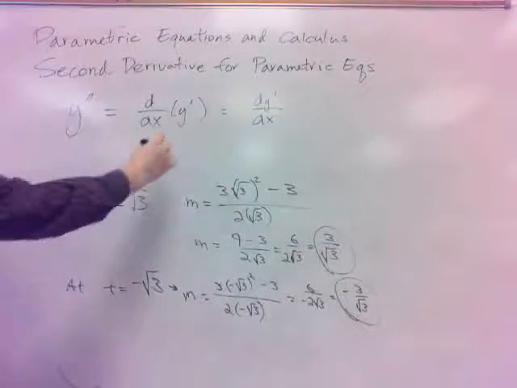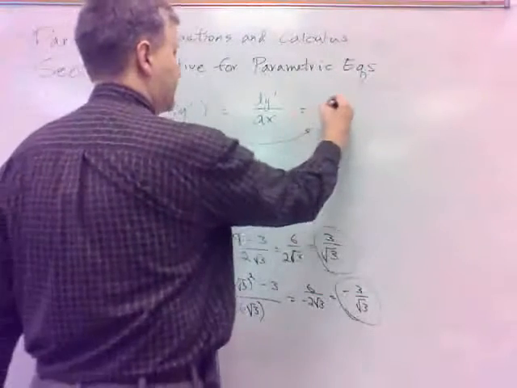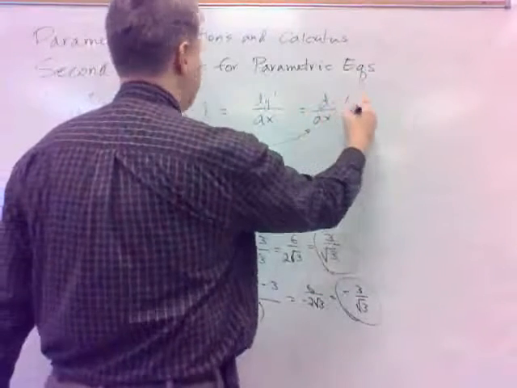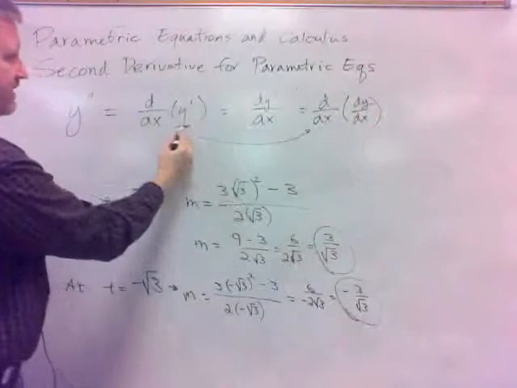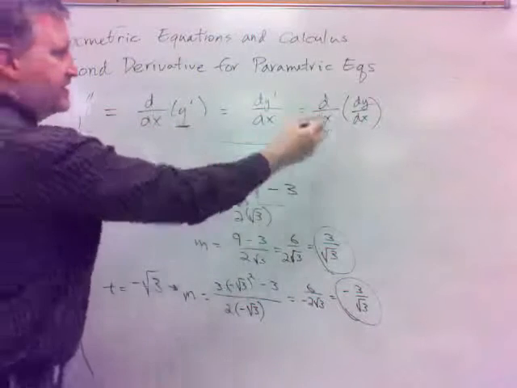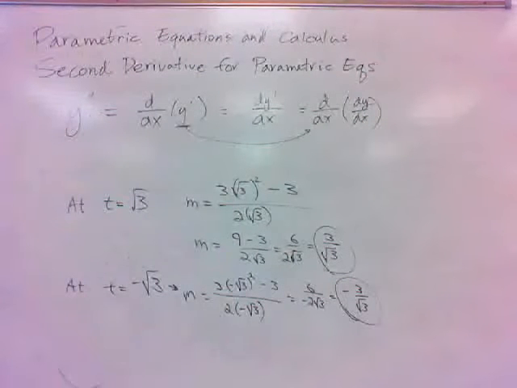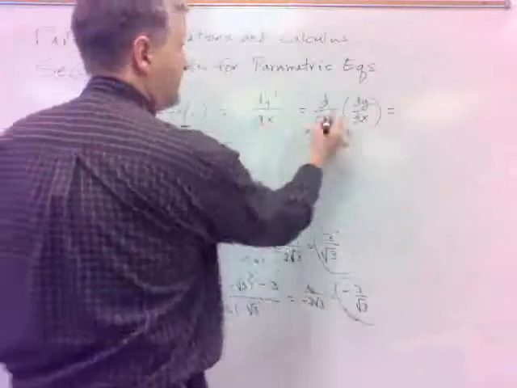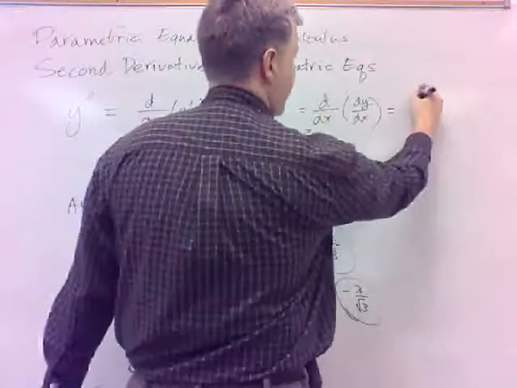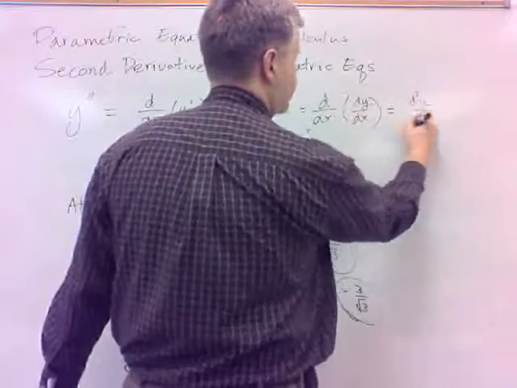Yes, but isn't y prime also dy dx? So substituting dy dx for y prime, we have d dx of dy dx. Why do I write that? It's because this is the way a lot of books prefer to see this. The second derivative can be written, do you see here, d squared y over dx squared?